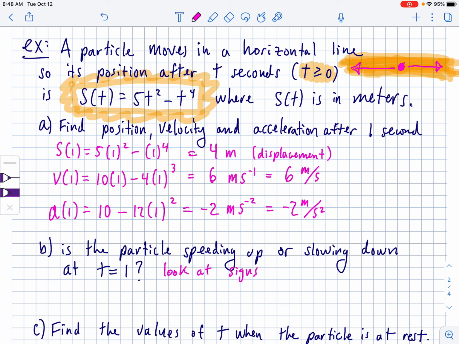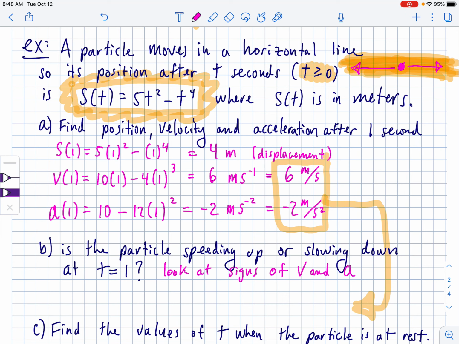Now, is the particle speeding up or slowing down? You need to look at signs of velocity and acceleration. Remember, I just showed you guys, if they match, they're speeding up. If they don't match, they're slowing down.